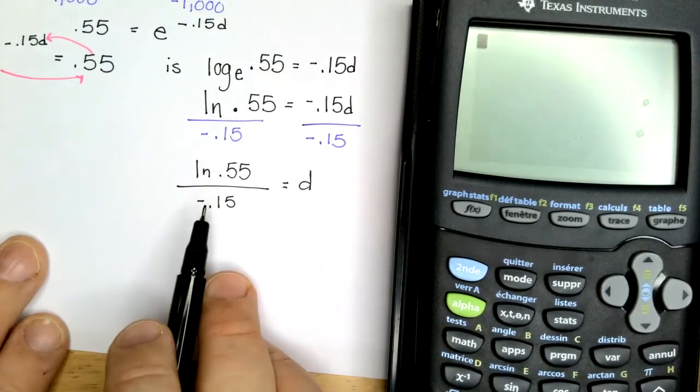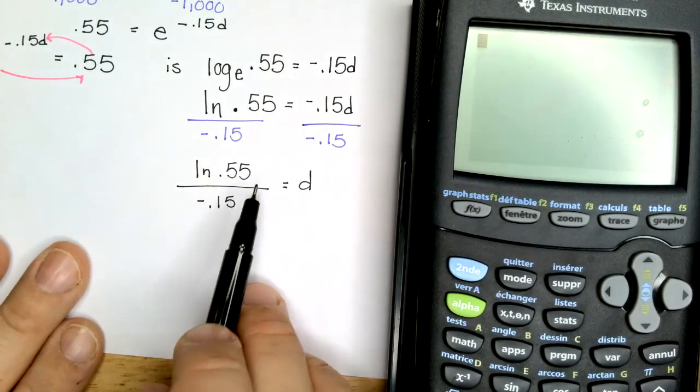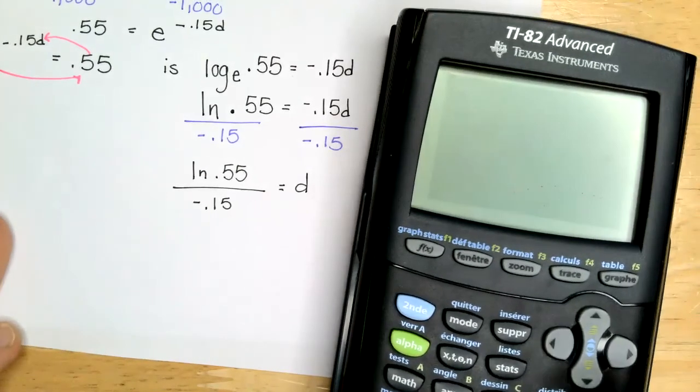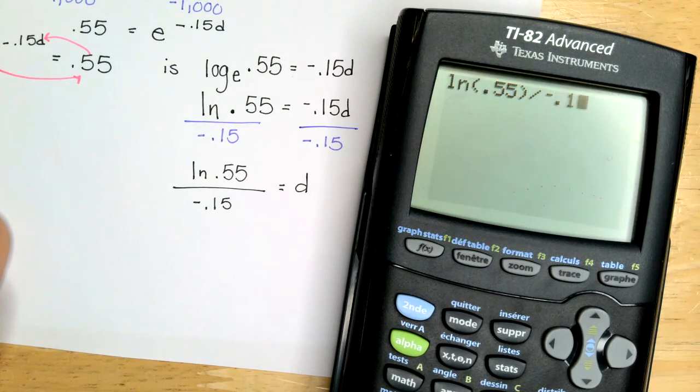Because this is a word problem, I wouldn't leave it in its most accurate, precise answer. I would simplify it. So we have the natural log of 0.55 divided by negative 0.15. And my answer is 3.9.